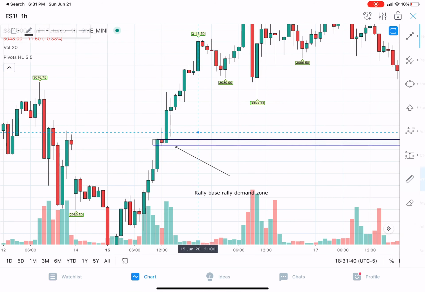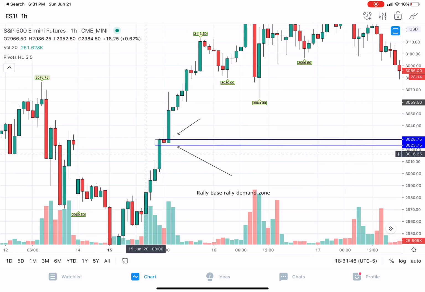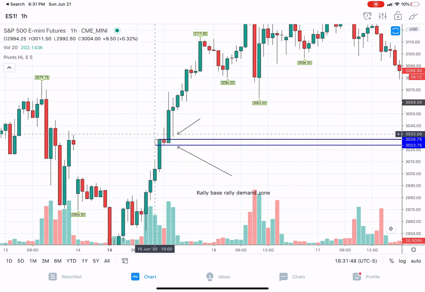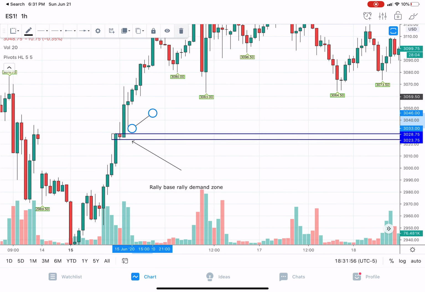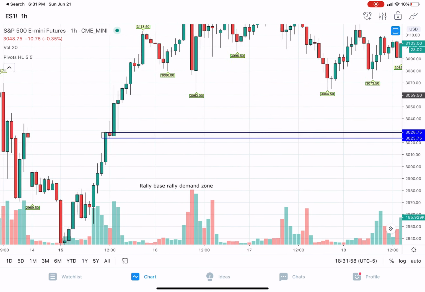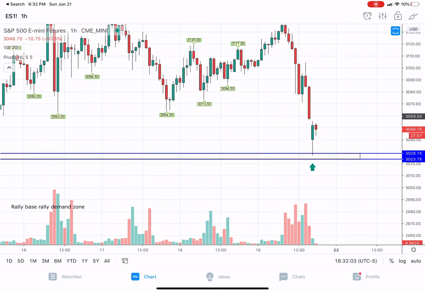Look at this wick right here. You see how it didn't quite hit the zone, but it still rallied? That tells me you have a surplus of demand here for price to pull back, barely hit the level, print this huge bearish rejection wick and still rally. Nonetheless, today we pull back precisely into the level, and we take off.